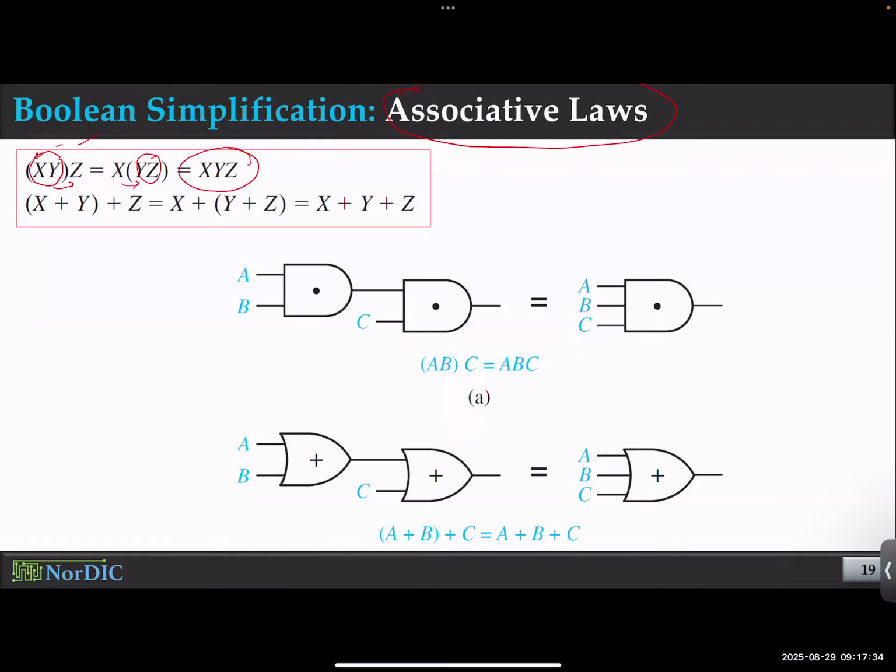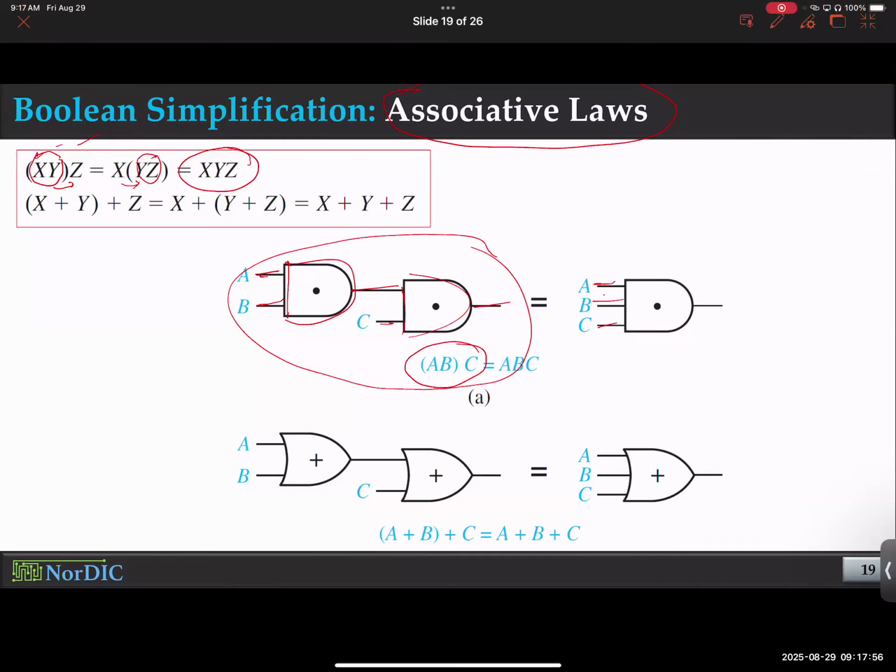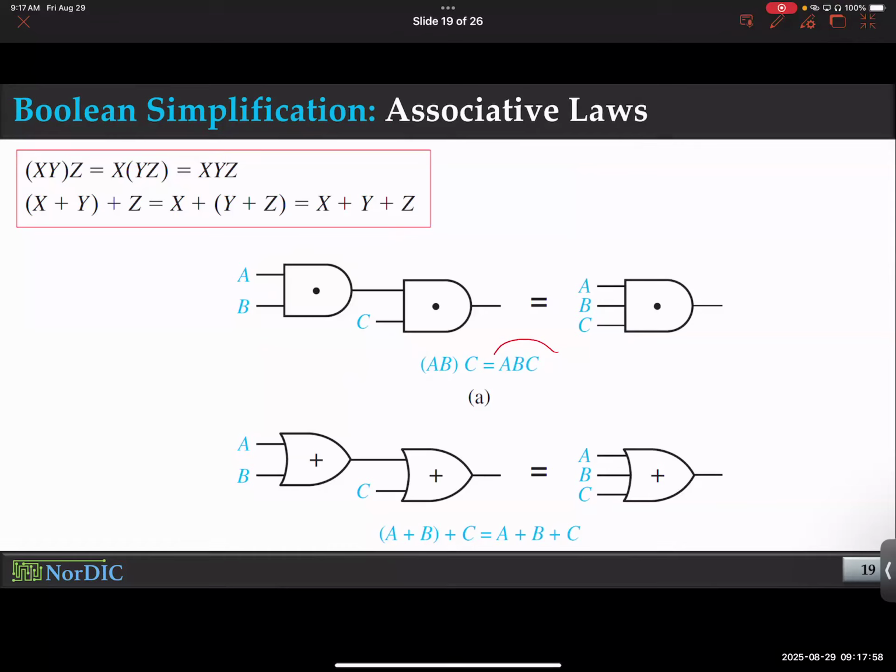Super simple expression. But let's notice what that means in terms of circuit implementation. So imagine you have three inputs, A, B, and C. If you do AB and take an AND, and then take C and do an AND with it, it's all the same if you do a three input AND. So three input AND basically means you are treating all three of them simultaneously.